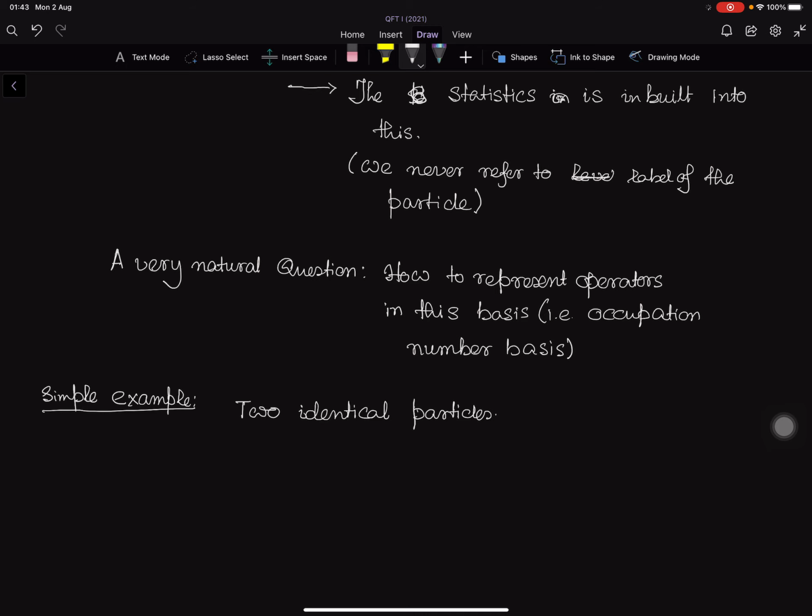Okay, and let's say there is a simple operator, and also for simplicity, let's say it's only a two-state system. Typically bosonic systems are not finite dimensional, but just for simplicity, it's a two-state system, which means the Hilbert space of single particles is two-dimensional.